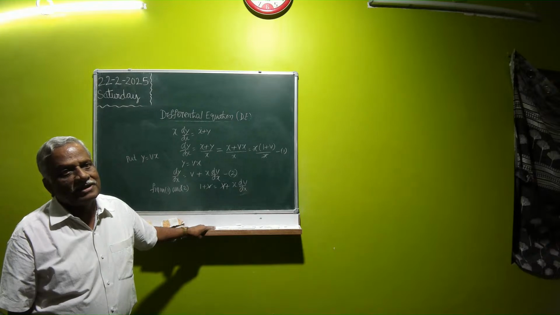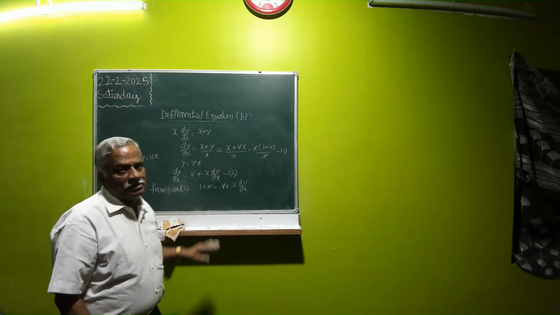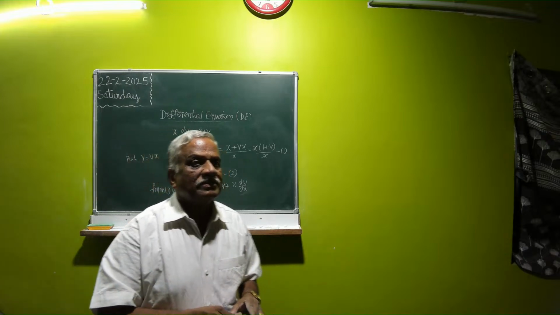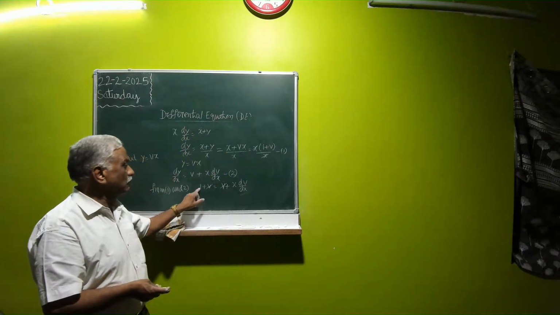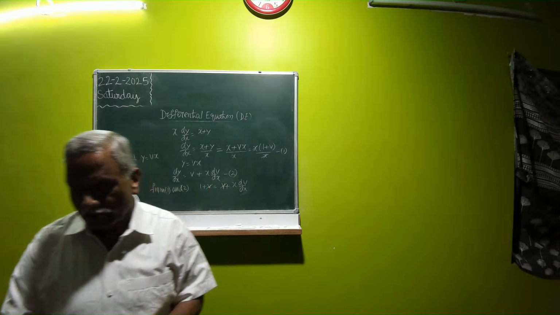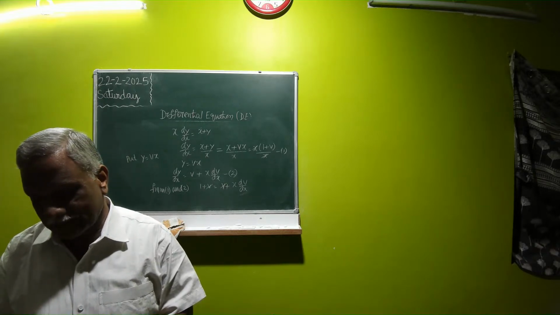Now we are using the variable separable. You should see that dx should contain x, and dv, so this 1 is there and x dv by dx is there. So I have got to segregate that. How you are going to work out this, that you should see.